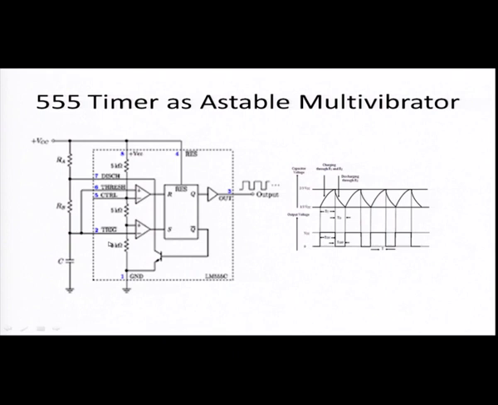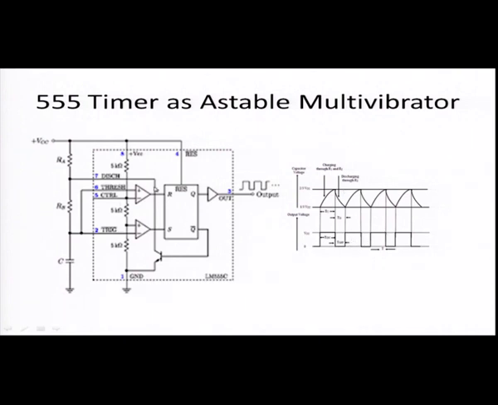So, if the transistor is not connected, then the capacitor charges towards this VCC through RA and RB. And if it exceeds the threshold voltage present at the upper comparator, 2/3 VCC, it resets the flip flop. If it resets, then Q is low.